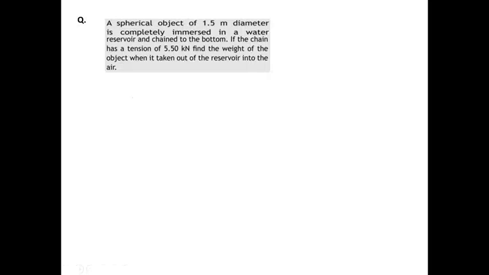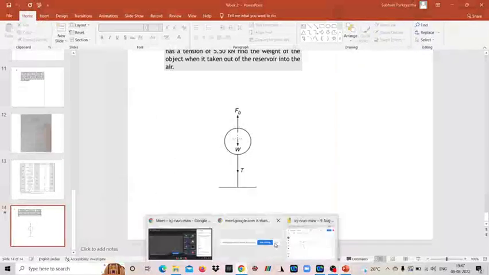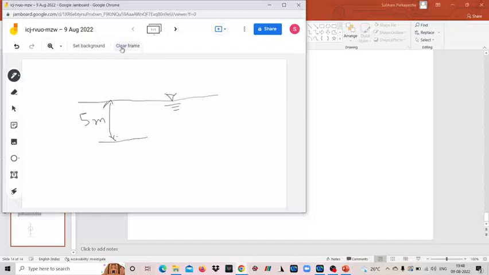Can you tell me how you can obtain the solution for this problem? How you can find the weight? Anyone? Can you tell me how you can find the weight of this object?